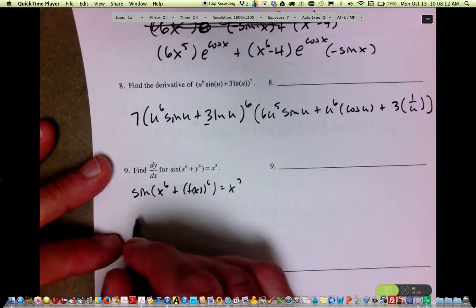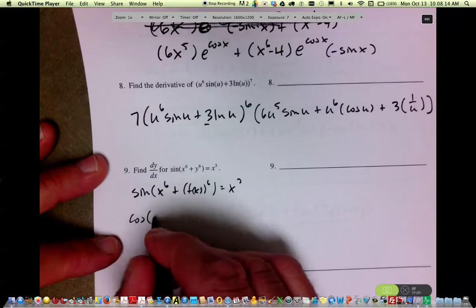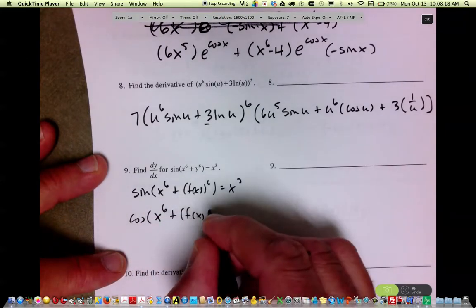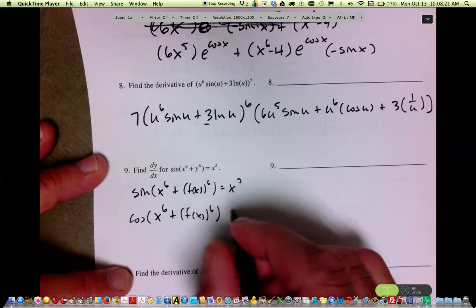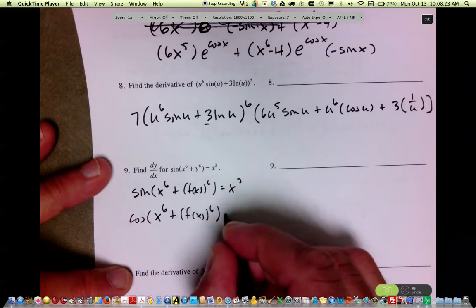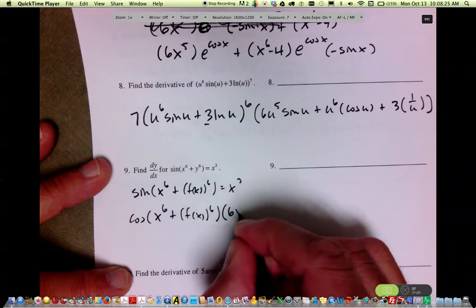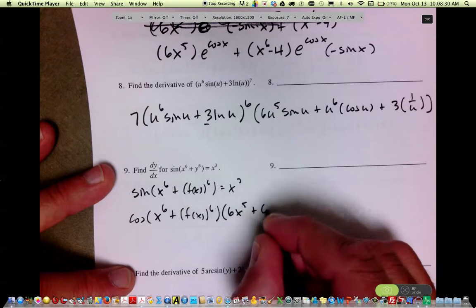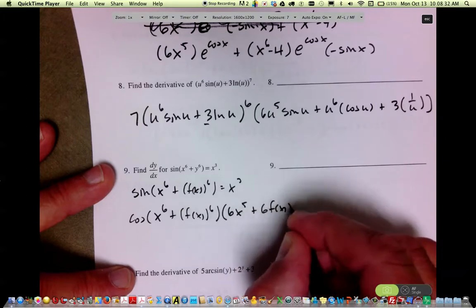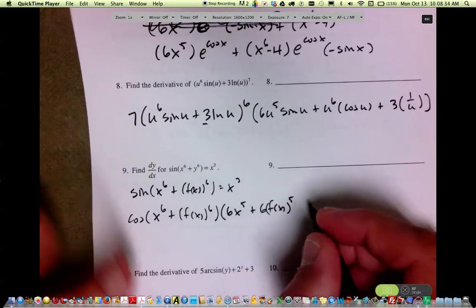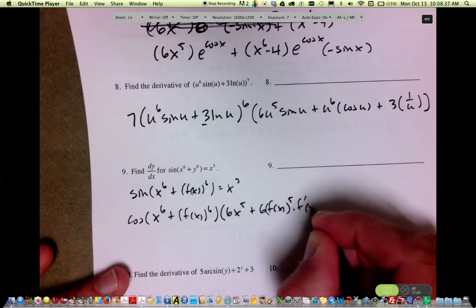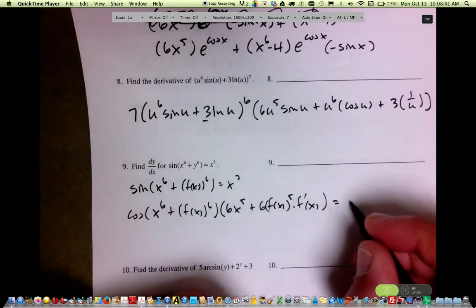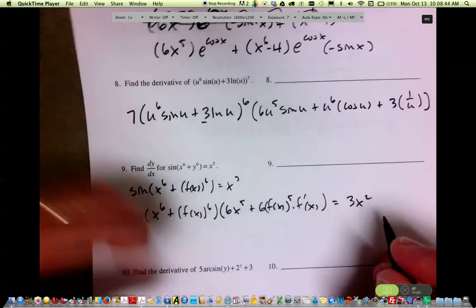Then the derivative of sine is cosine of (x to the 6th plus f of x to the 6th), and then the derivative of what's inside is 6x to the 5th plus 6f of x to the 5th power times f prime of x. Okay, so that's chain rule on the left side, and then the other side is 3x squared.